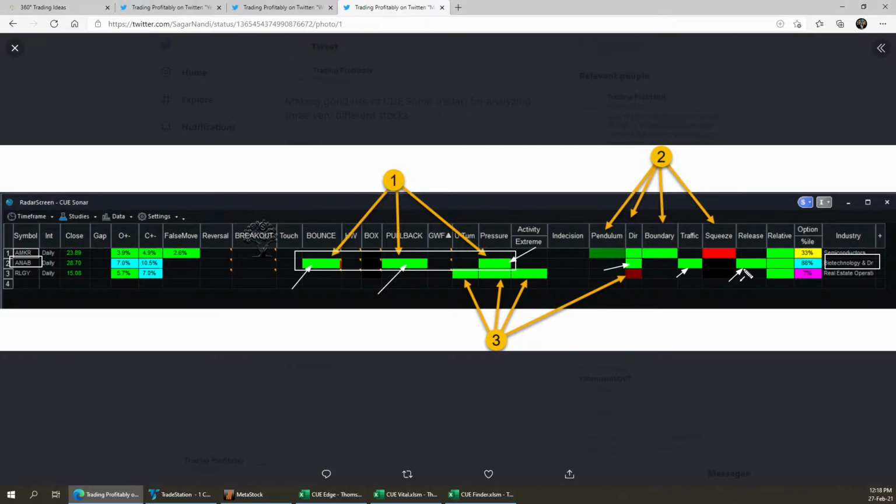There is a bull release signal also. Relative performance is strong, outperforming the market. That is of course true because it went up by a massive 10.5% on Friday. That is a huge move, and it had this pullback setup. You could find it out from Q Finder earlier. Now you will be able to find it out from Q Sonar or Q Scan on TradeStation. Let's look at the chart now.